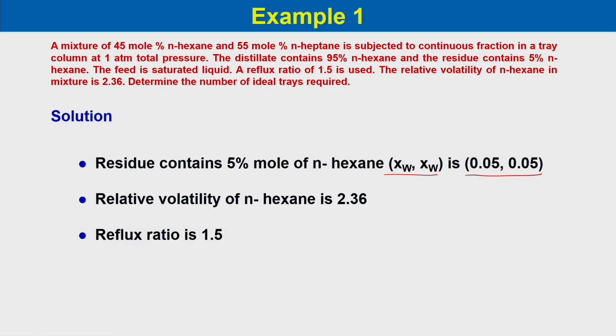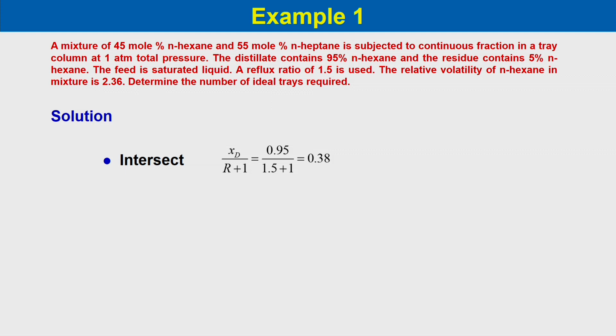Reflux ratio is 1.5. Now, from the data given, we can calculate the intercept of the rectifying section operating line, which is xD by R plus 1. So, xD by R plus 1, xD is given as 0.95 and R is 1.5. So, 0.95 by 1.5 plus 1, which is equal to 0.38. Now, we have to calculate the slope of the q line.